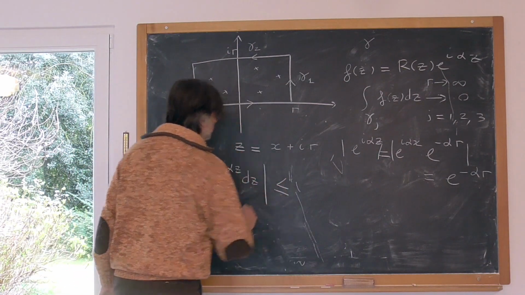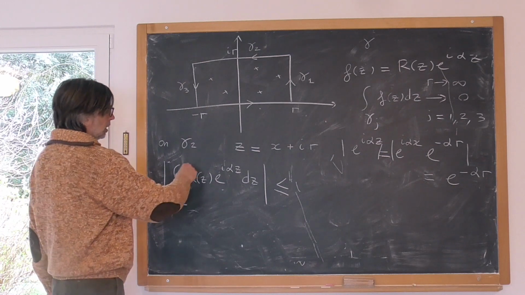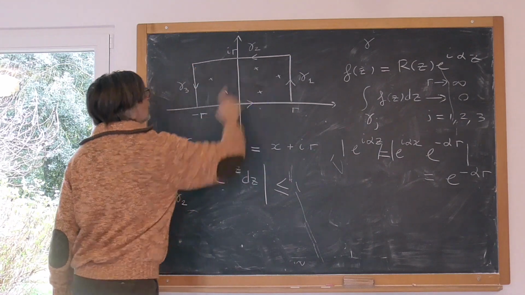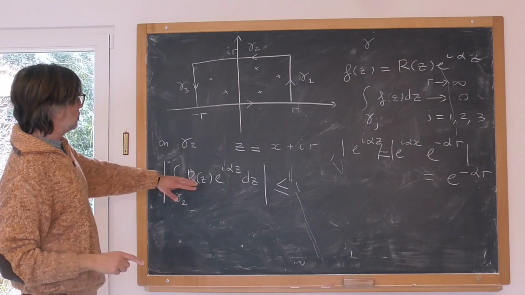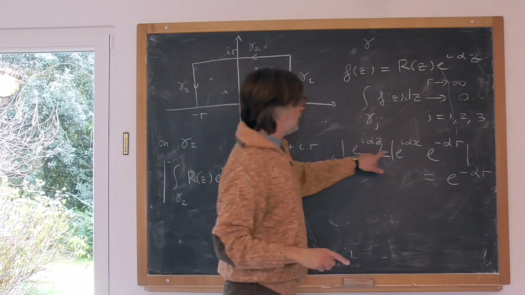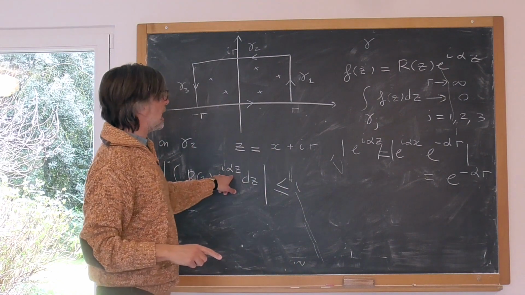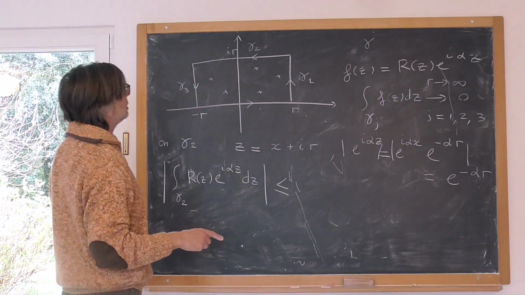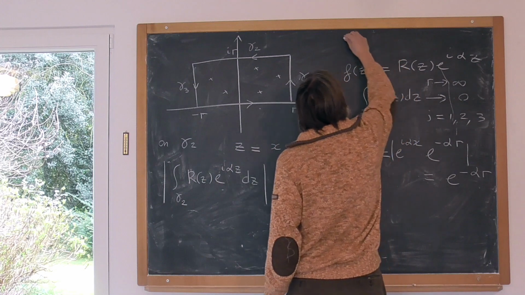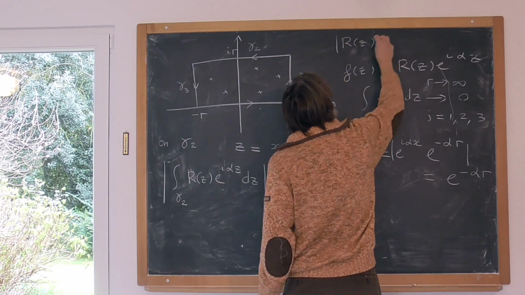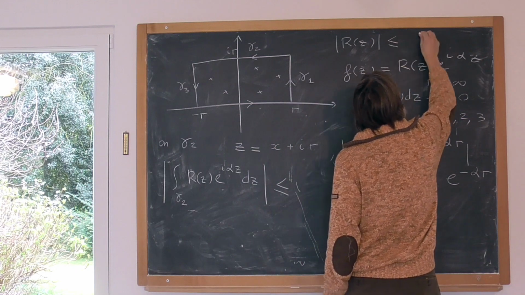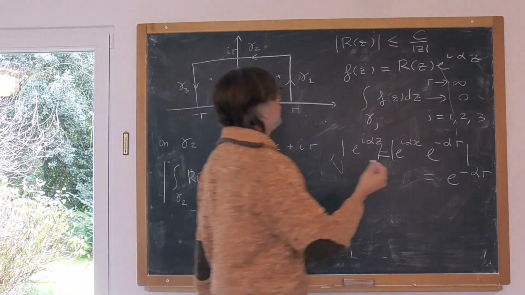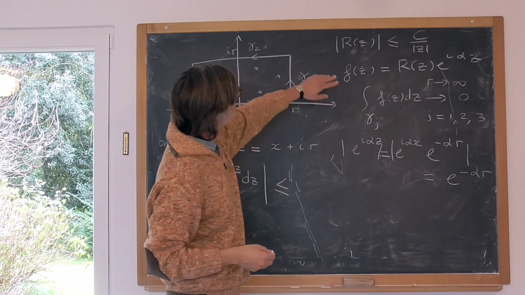So this can be bounded by the maximum of the absolute value on this line, and to bound this maximum we can use this bound for e to the I alpha z, and we can also use the fact that the function R of z in absolute value is bounded by c over the absolute value of z, again for z large.